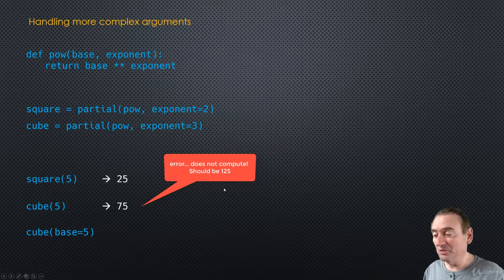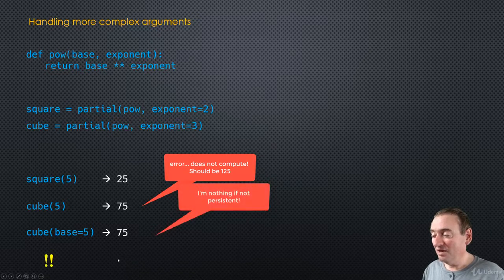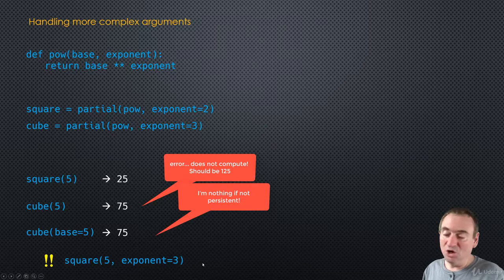Now beware, because we can pass in named arguments, and because we have keyword value arguments as well in the more general cases, you have to be careful, because we could do the following. We could say cube of base equals 5, comma, exponent equals 3. What's happening here is that we're essentially going to override the value of exponent that's defined in the partial. It will actually honor that.